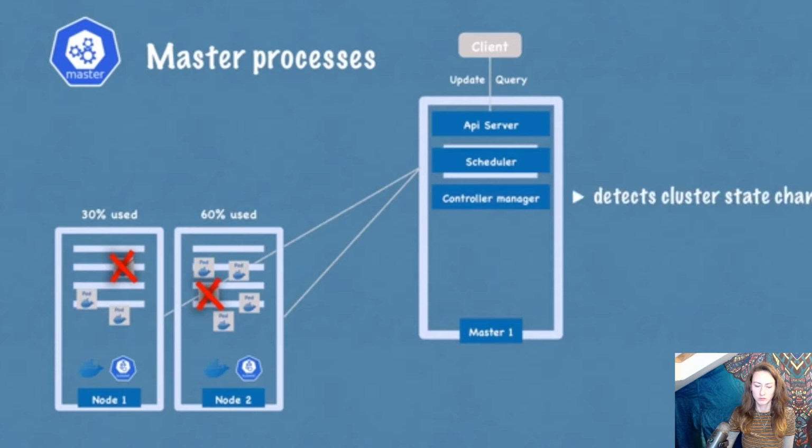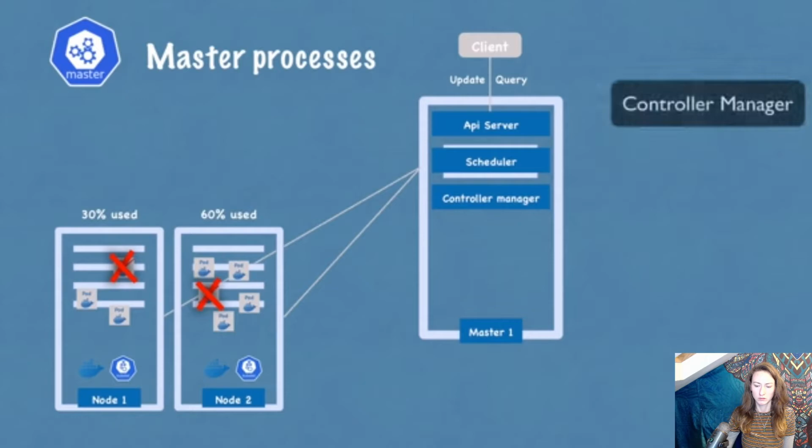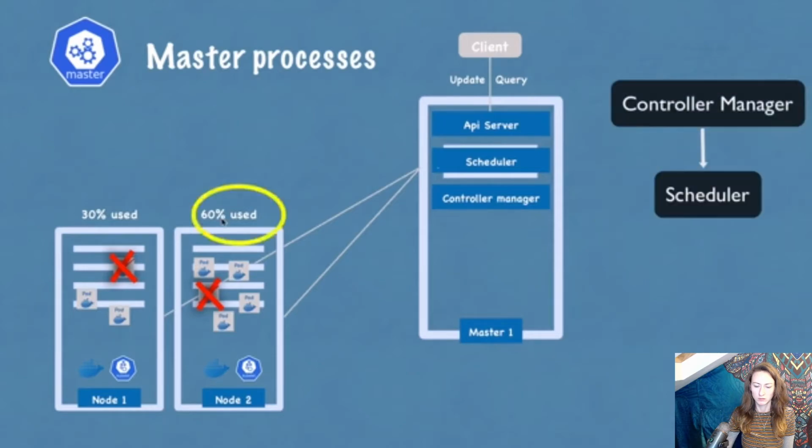So when pods die, controller manager detects that and tries to recover the cluster state as soon as possible. And for that, it makes a request to the scheduler to reschedule those dead pods. And the same cycle happens here, where the scheduler decides, based on the resource calculation, which worker nodes should restart those pods again, and makes requests to the corresponding kubelets on those worker nodes to actually restart the pods.